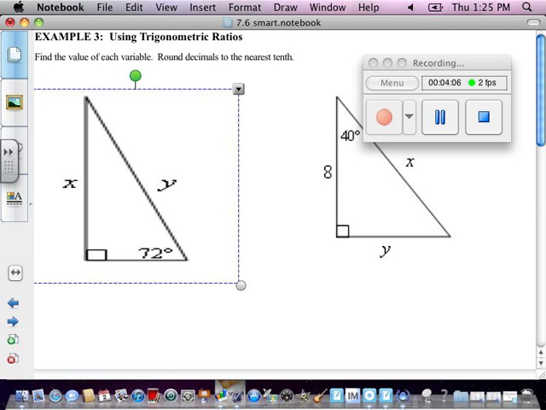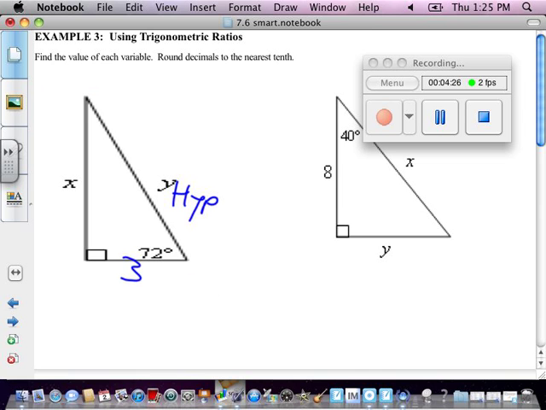Okay, we're looking at A. Okay, we're looking at 72. So the first thing I'm going to do is say what sides everything is. What letter is the hypotenuse? This is Y. Why is it Y?